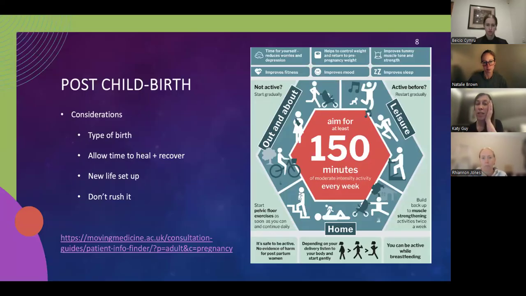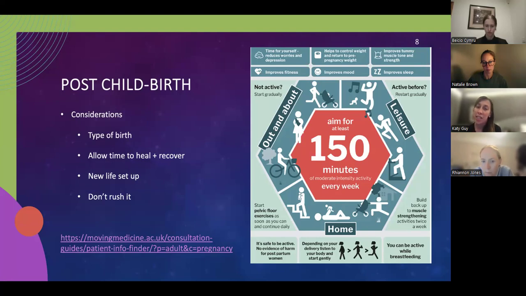So if we have a little look at our Chief Medical Officer's guidelines for the UK, post childbirth, we should be aiming for at least 150 minutes of moderate intensity activity per week. It's quite a little infographic, this. It mentions the pelvic floor exercises.